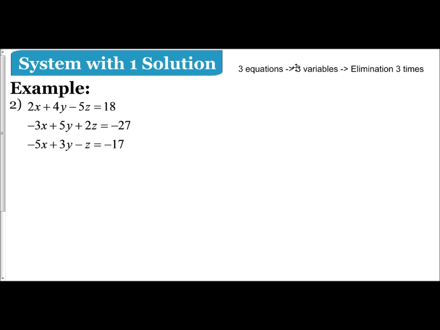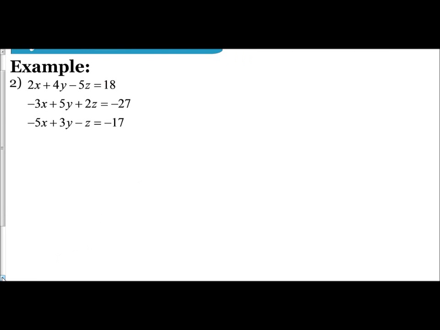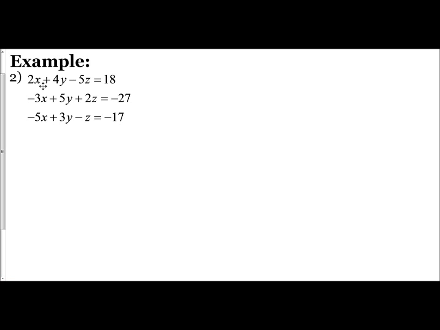So let's figure out how we're going to structure our work, which variable we're going to eliminate first. So I have 2x, negative 3x, negative 5x. Doesn't look very easy to eliminate. 4y, 5y, 3y. Doesn't look too easy, but if I look at this third one, negative 5x, 2z, and negative 1z, well, if I pair up the first and last equation, I have a negative 5z and negative 1z.